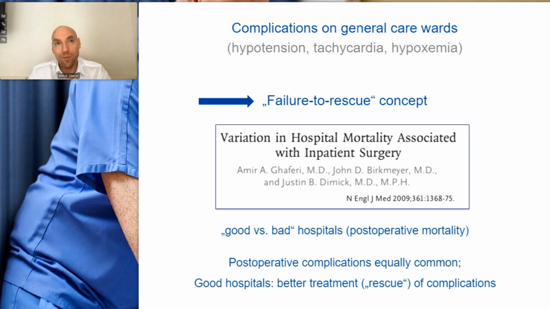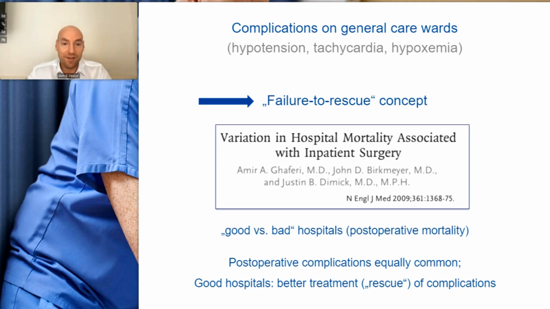And this is very nicely reflected by the failure to rescue concept that you probably heard of, that was established many years ago. The basic assumption of this concept is that in every hospital, patients develop complications on general care wards, and you can then differentiate between good and bad hospitals, defined by how high mortality is, based on how good a hospital is at responding to those complications and how high the failure to rescue rate is.